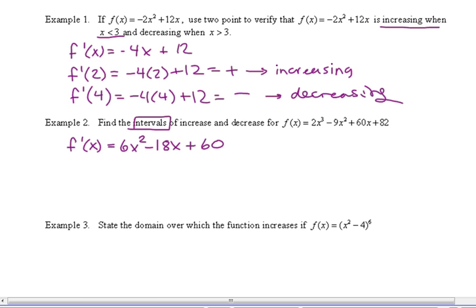What are we going to do from here? What do we have to determine before we can see our intervals of increase or decrease? When does our function change from increasing to decreasing? Our critical values. So how do we get our critical values with this guy? Factor. Factor out 6. And then two numbers that multiply to 10 and add to negative 3.